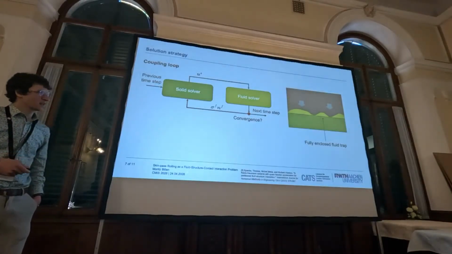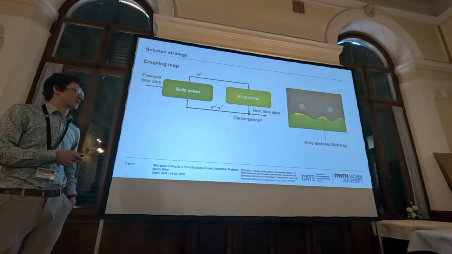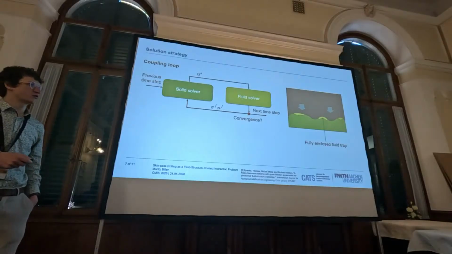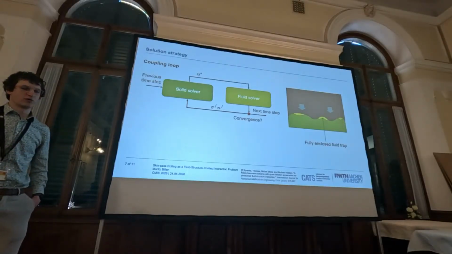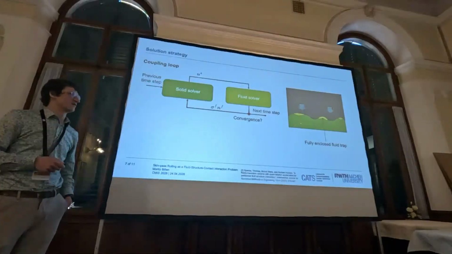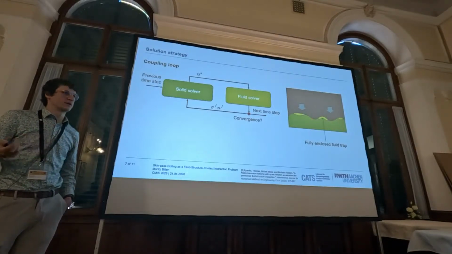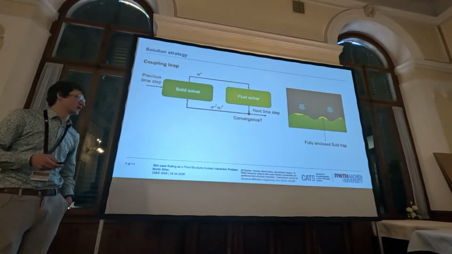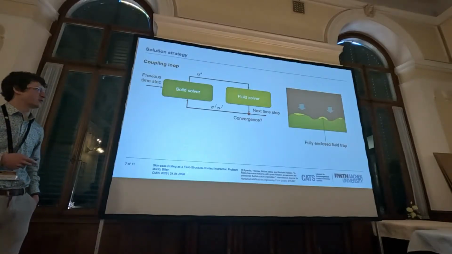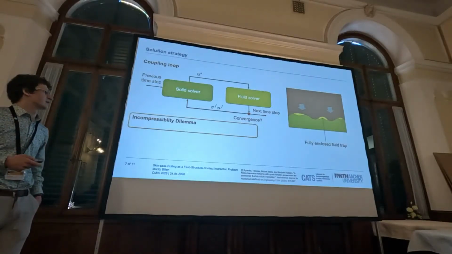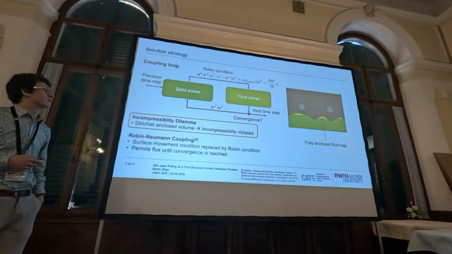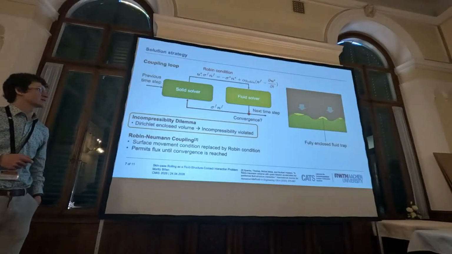But now we have this enclosed fluid trap, and what this means is that we have full Dirichlet conditions on the entire interface of this, and this violates the continuity equation, so the field is not divergence-free anymore. To recover this, we use the Robin-Neumann coupling scheme.